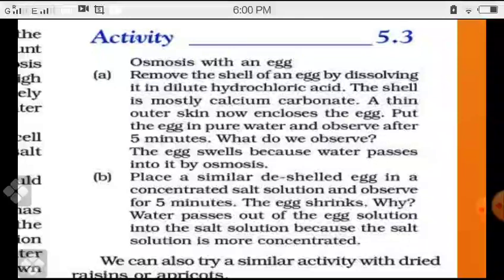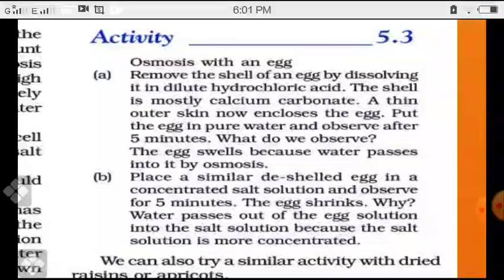Put the egg in pure water and observe after 5 minutes. So what do you see? The egg swells, because water passes into the egg by the process of osmosis. Now the next condition: place the same deshelled egg in a concentrated salt solution. In the beaker we have to take more salt and less water.